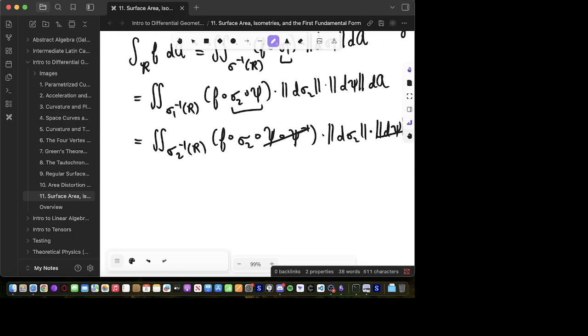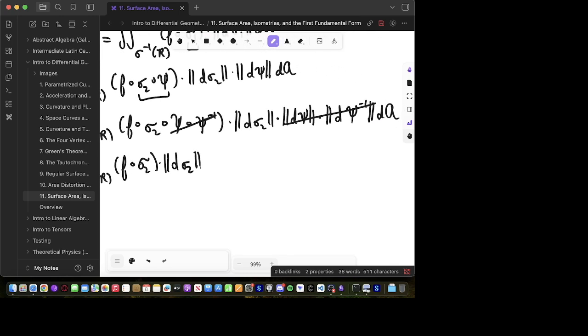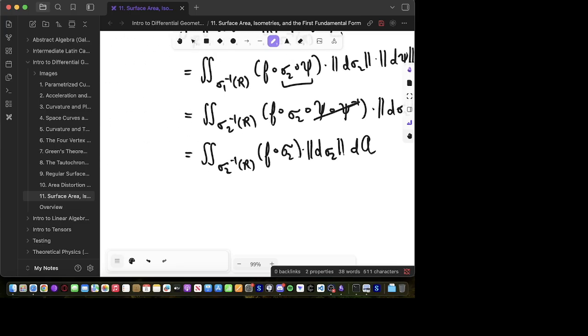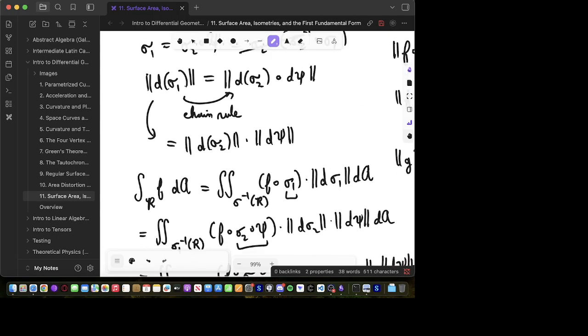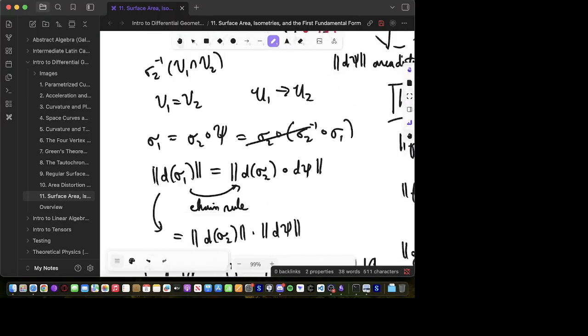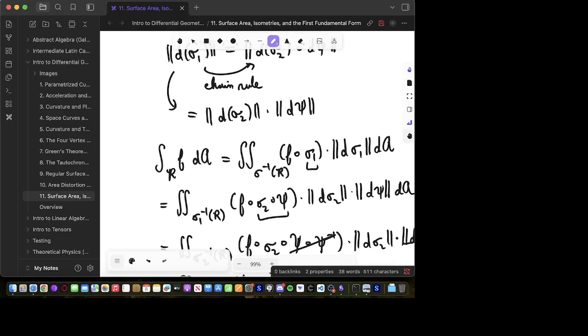And therefore, we see that this is precisely the definition of the integral just for a different coordinate chart. And therefore, these two definitions coincide with each other.